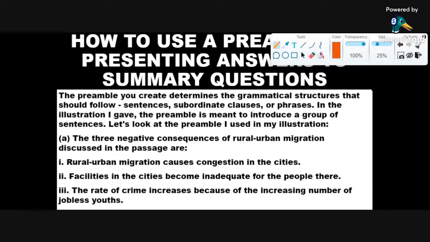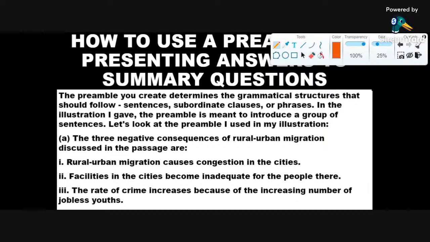And that is how to use a preamble in presenting answers to summary questions. This is very important. Now, I would like to say that the preamble you create determines the grammatical structures that should follow. Whether you should follow your preamble with sentences or subordinate clauses or phrases, there are different grammatical structures.